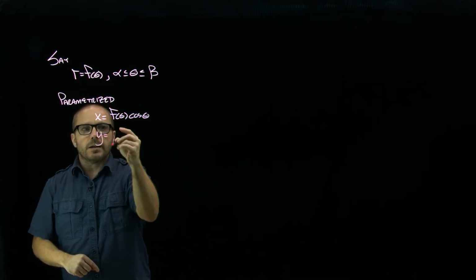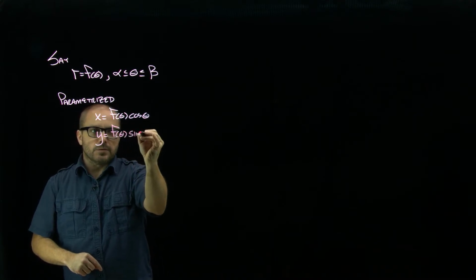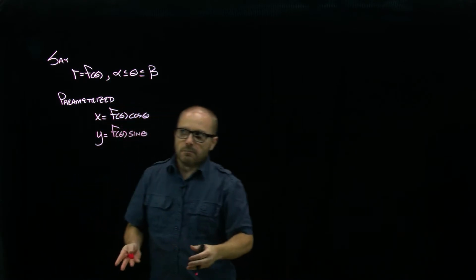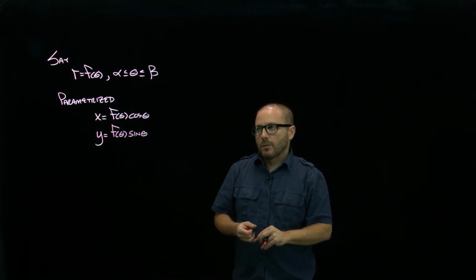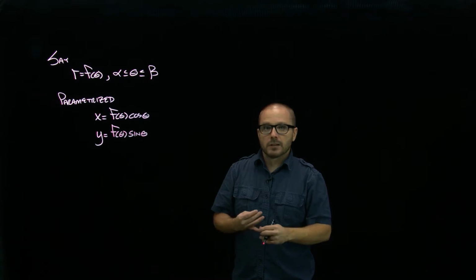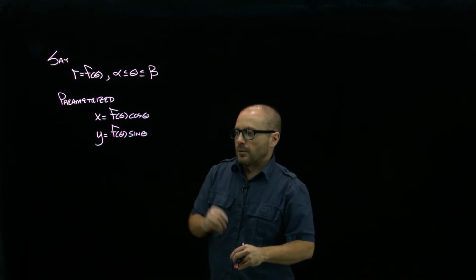And likewise, y is r sine theta, but on the curve, it's restricted to that function. So there's our parameterization. And now we're just going to use our parametric arc length equation to handle those.